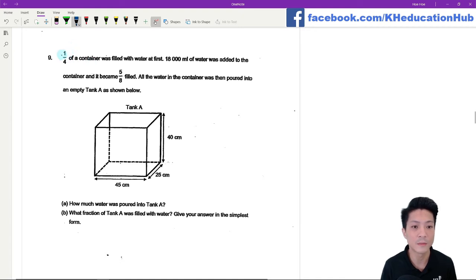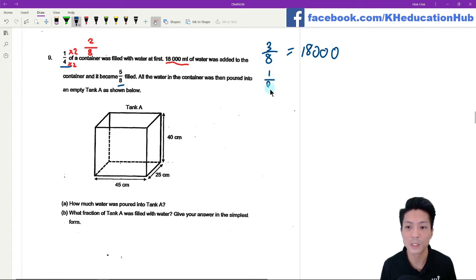Now we're gonna change these two fractions to become the same so that we can see the difference. So I'm gonna multiply by 2, which is gonna give me 2/8. Which means that after this 18,000 ml of water was poured in, the container increased by 3 units, which means that 3/8 of the container is equal to 18,000 ml.